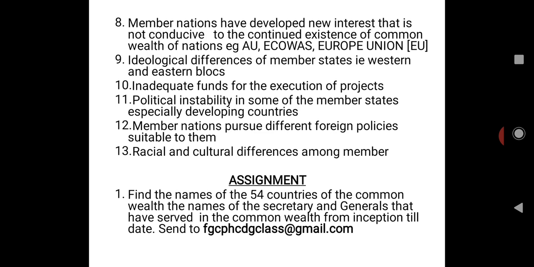Okay, my students, you have heard it all. We have itemized the problems of the Commonwealth of Nations. We have highlighted the achievements. We have also identified the benefits. We have explained the organs.